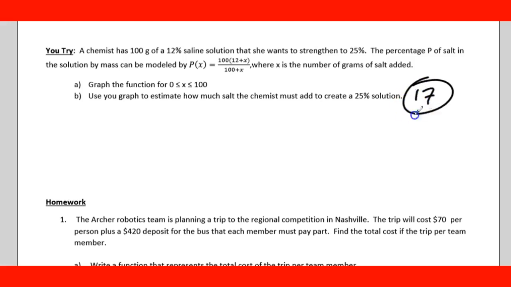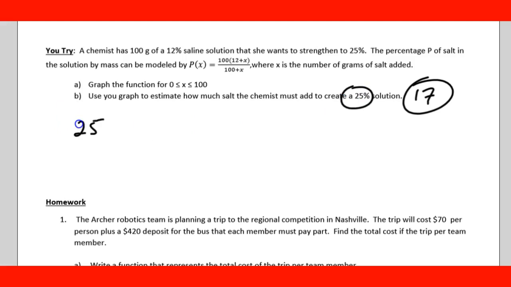Okay. The other way to do that is you can really just solve it. So to solve this algebraically, we know we're looking for a 25% solution. So we're going to let P of x be the solution. It says P is the percent of salt in the solution, so 25%.